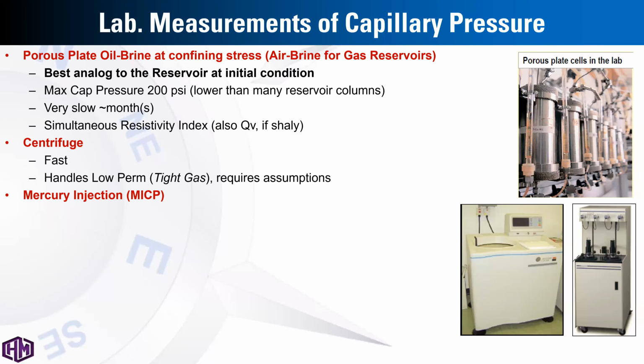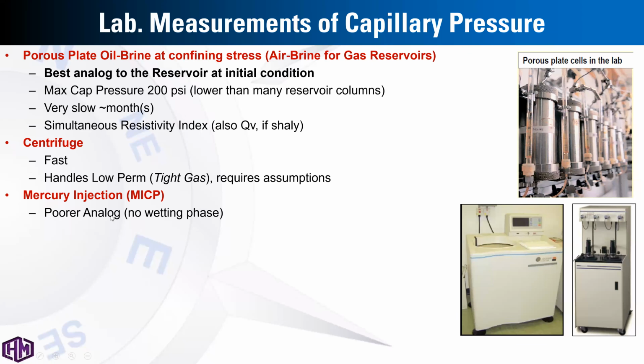And the last technique, the widely used one, is mercury injection capillary pressure, MICP. The major disadvantage of this technique is that it has no analog with the reservoir conditions, because we have no wetting phase.